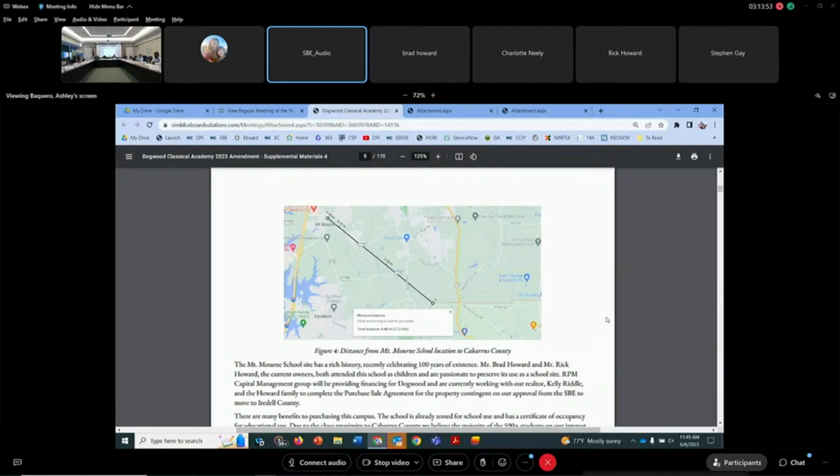I'd like to go ahead and make a motion to approve this request to change the home LEA to Iredell on the condition that the permanent facility not be located north of North Carolina Highway 150. I think that is the highway that runs parallel to the one in front of it.